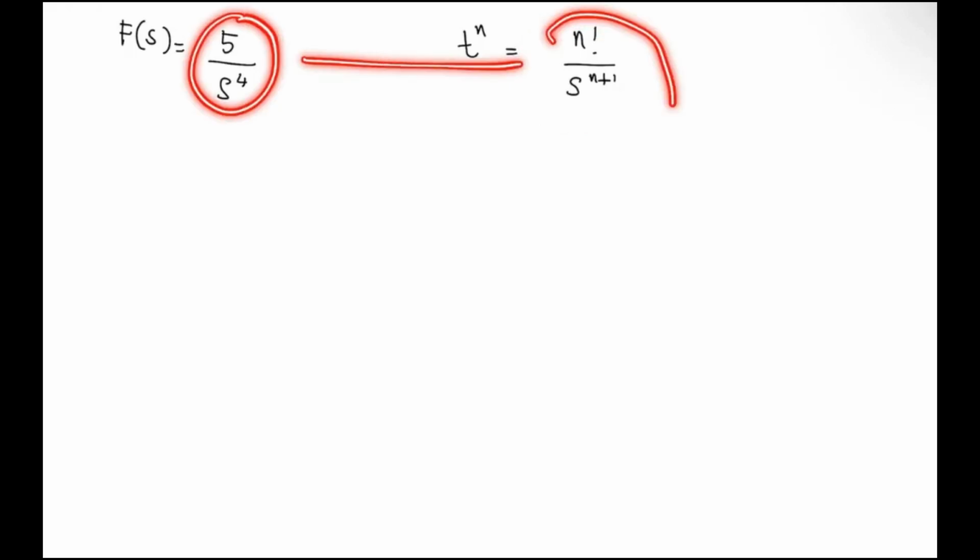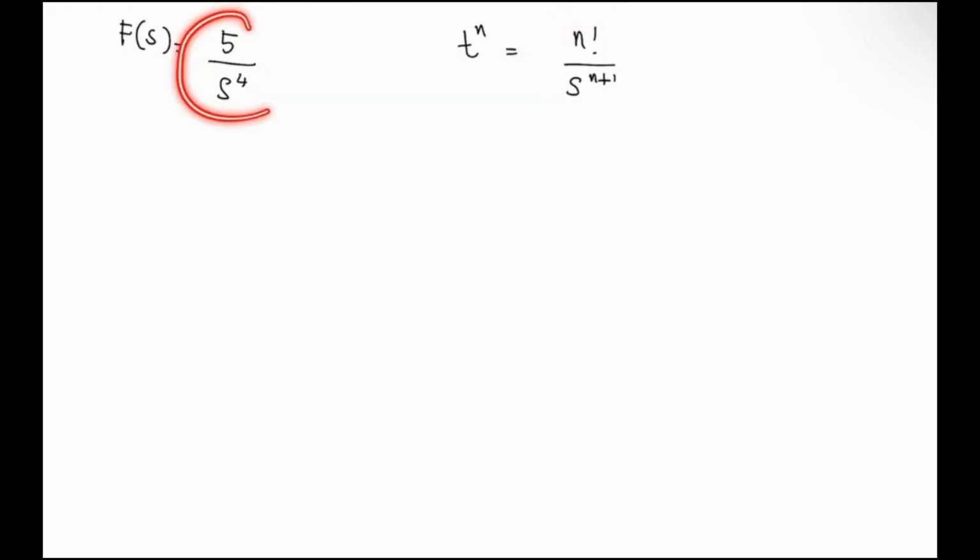So once again, if I want to compare with the Laplace table, you find that we have this function where the Laplace transform is equal to n factorial over s^(n+1). This one just looks like this function, right? So we need to modify this function so that we can rewrite it as this one.